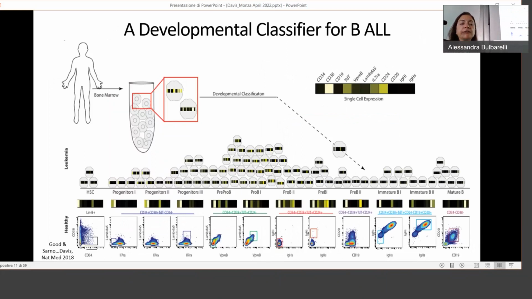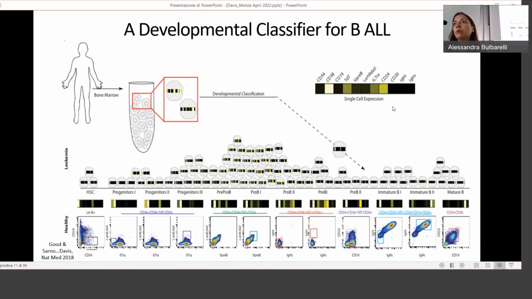So we took that scaffold of normal development and we published a developmental classifier now 4 years ago, hard to believe how fast things go, where the way that this worked was we took our healthy control bone marrows that we had also run with mass cytometry. We gated them along what we knew was the developmental trajectory of B cells. And then for each one of these populations, we assigned it an 11 protein barcode, essentially.